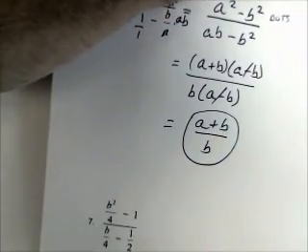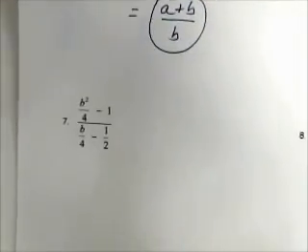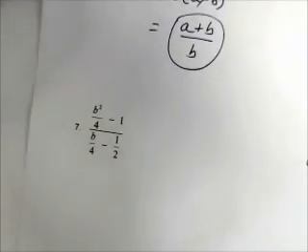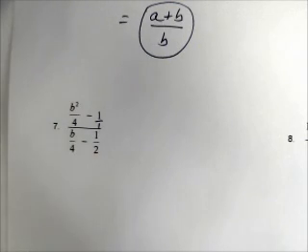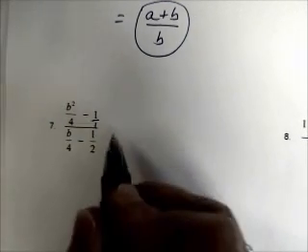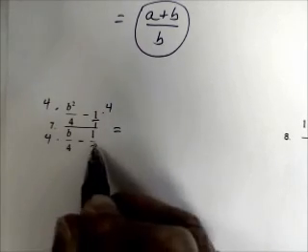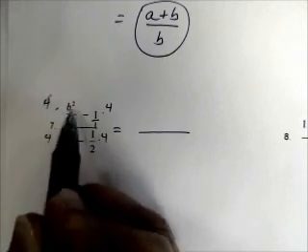Let's go on to number 7. Looking at our denominators, let's put this over 1. We have 4, 1, 4, and 2. So the least common denominator is 4. So we multiply every single term by 4. Here, the 4's divide out.